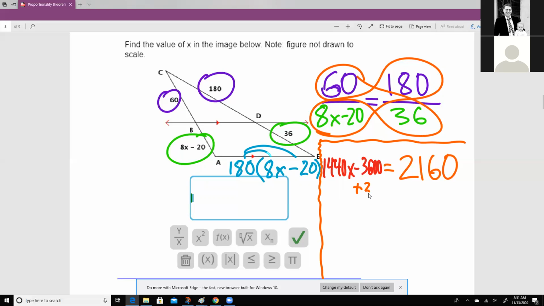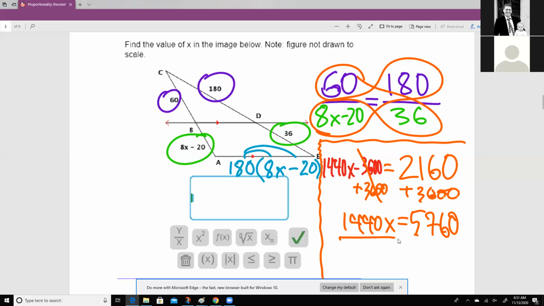Let's add 3,600. 1,440x equals that sum, which is 5,760. Then we would divide by 1,440.